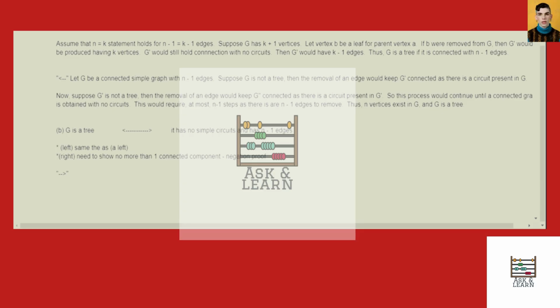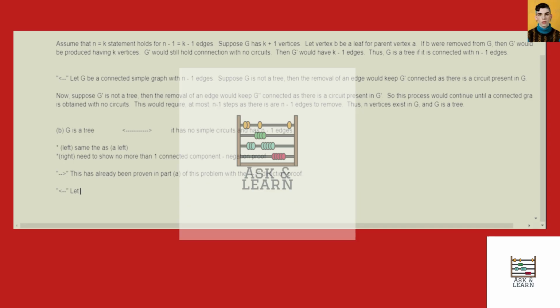For this one, this has already been proven in part A of this problem with the left direction proof.